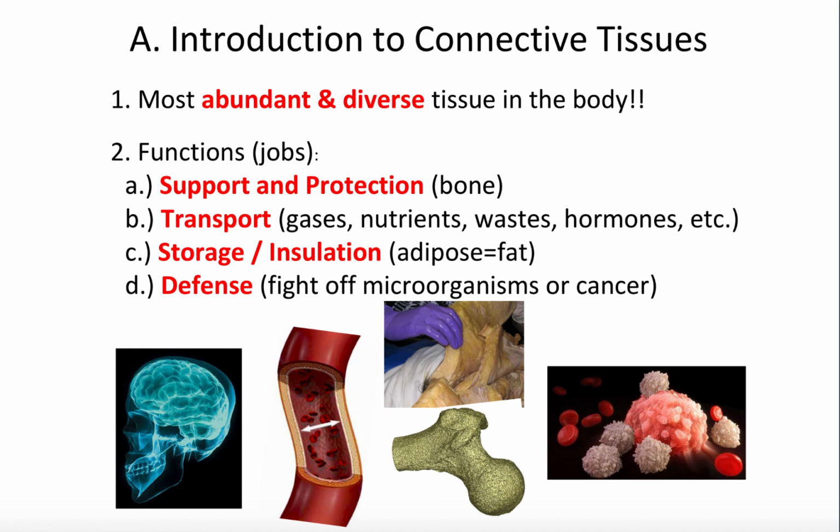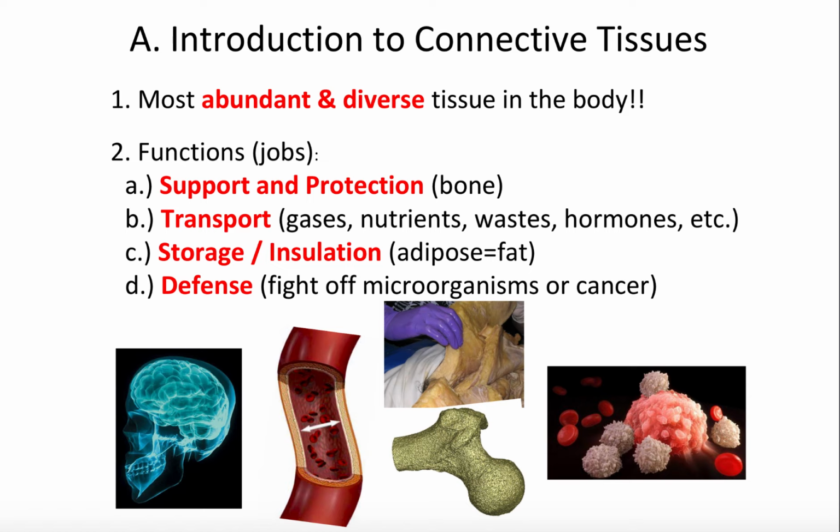So, an introduction to connective tissues, which we kind of went over in the intro lecture, but just to remind ourselves what they are: connective tissues are the most abundant and diverse tissues in the body. Their main functions are to support and protect, such as bone, and to transport, such as transporting gases, nutrients, waste, hormones, etc. through fluids like lymph or blood.